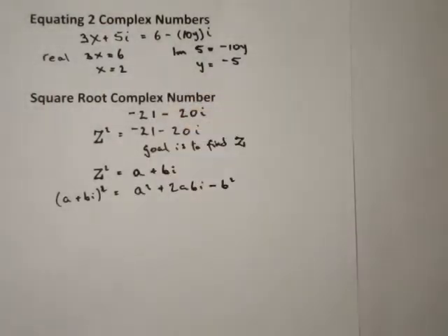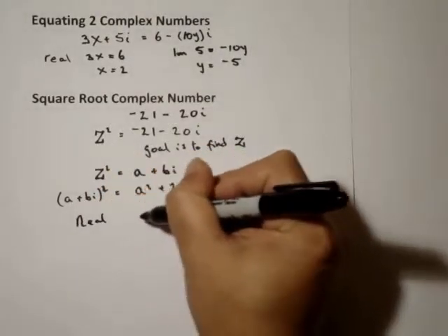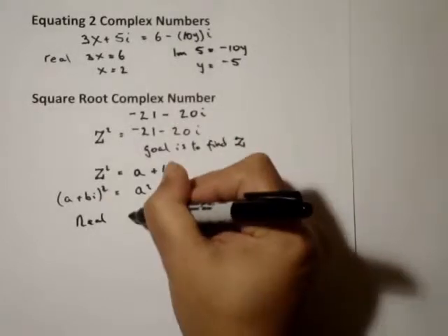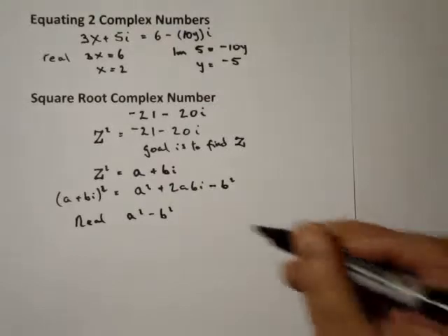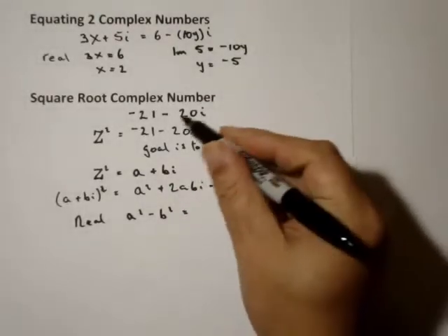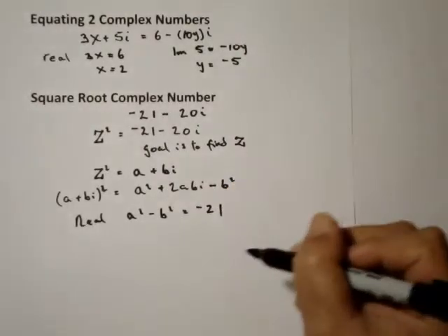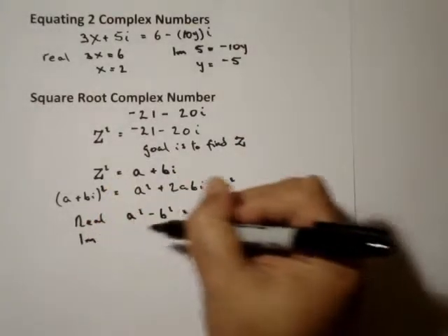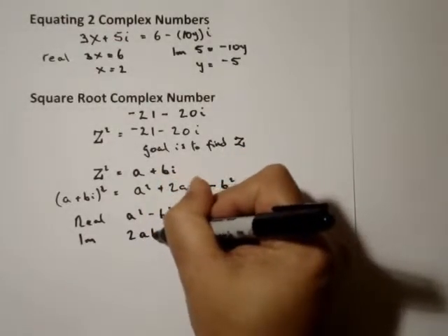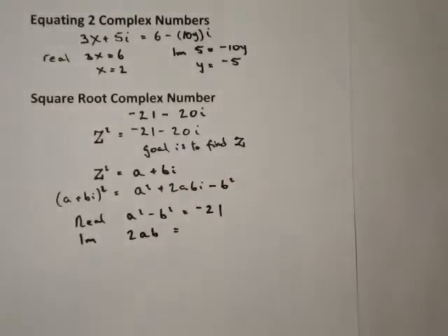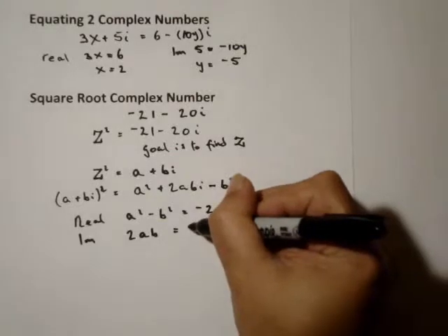Now we equate the real parts, so the real part is a squared minus b squared, and that is equal to our real part in this equation, which is minus 21, and our imaginary parts, which is 2ab, and that is equal to our imaginary part of the complex number, which is minus 20.